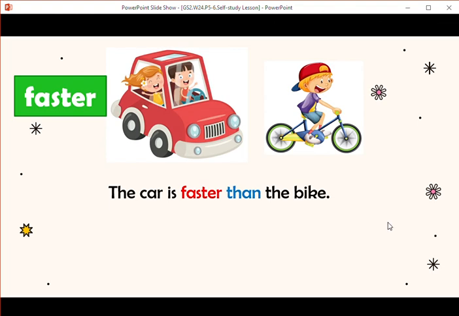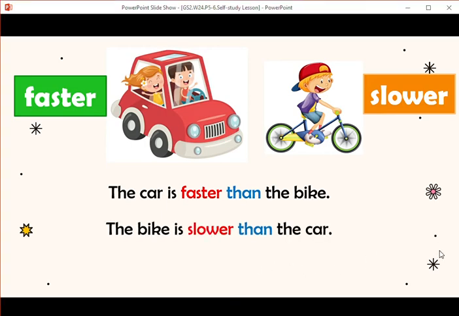Now, I have the word slower. Can you make a sentence with the word slower for me, please? Fantastic! The sentence here is the bike is slower than the car, right?